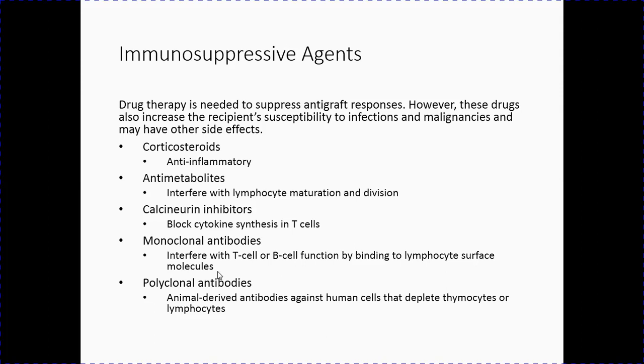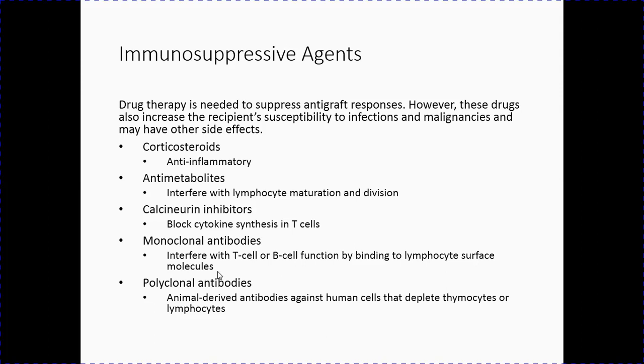Let's see, monoclonal antibodies. I think we're familiar with monoclonal antibodies and their process at this point. In general, they interfere with either T or B cell function by binding to cell surface molecules on lymphocytes. One in use is anti-CD25, a monoclonal.